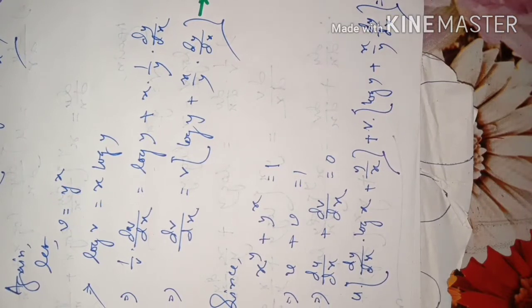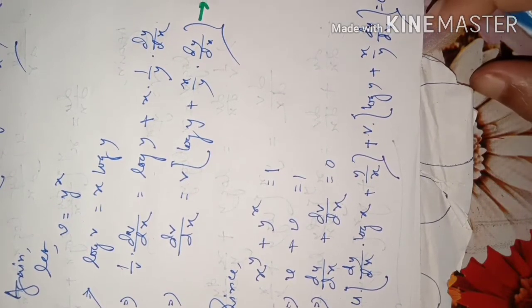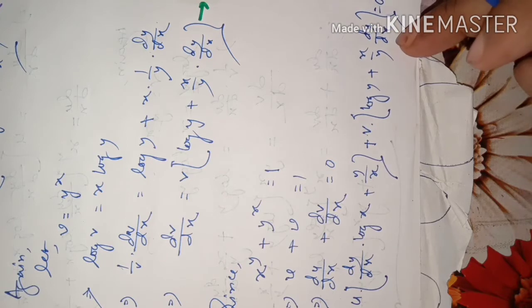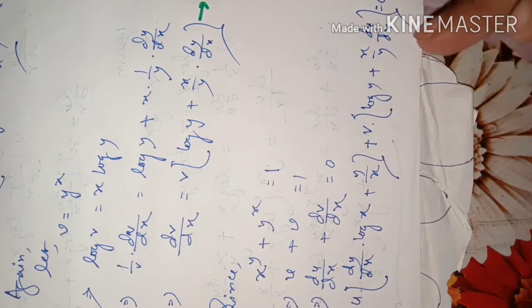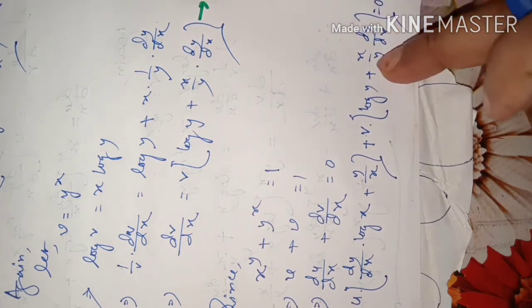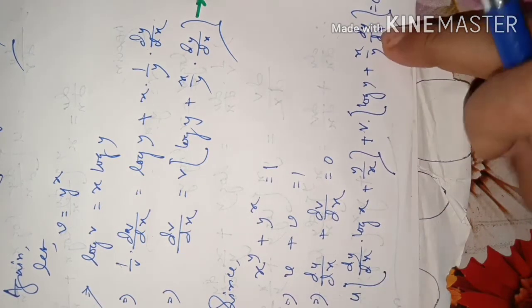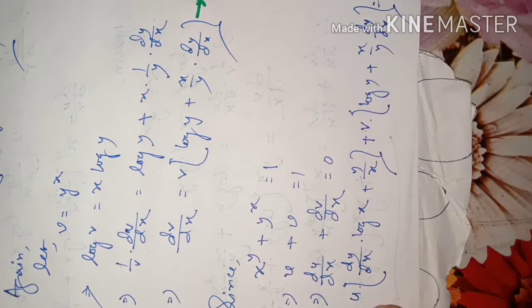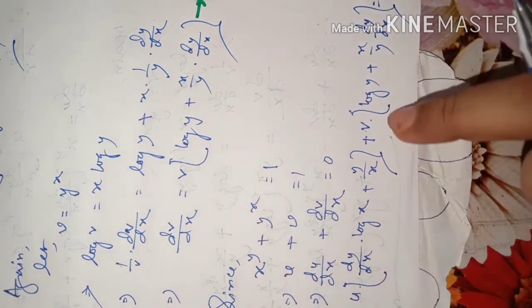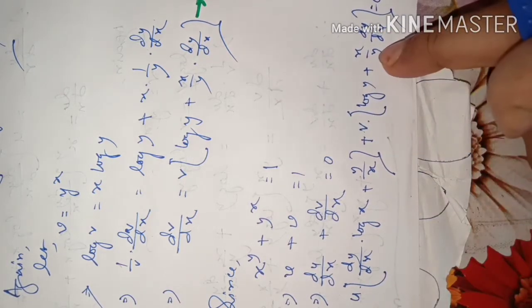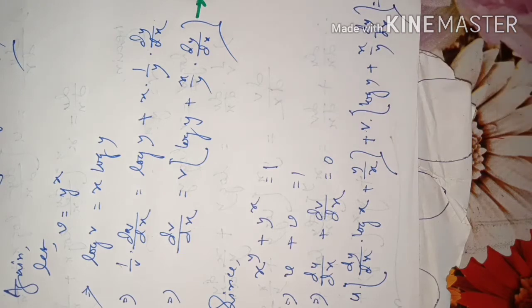Now from here we have to extract the expression containing dy by dx. dy by dx is here, also dy by dx is here. So if dy by dx is taken as a common factor, it will be u into log x and this will be v into x by y.